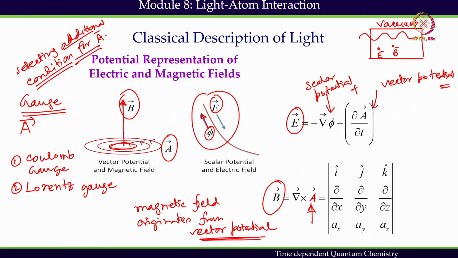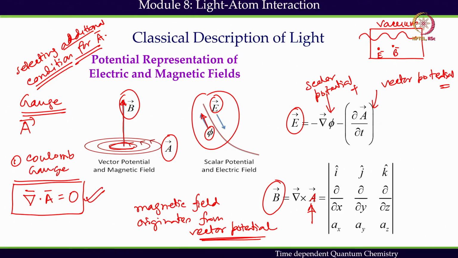In our discussion, we will use the Coulomb gauge because that is easy to perceive, and when I say Coulomb gauge, it means that I will assume that this unknown function is divergenceless. It is purely rotating in nature. This is the additional condition we are imposing, and then we have to find out what kind of A it is going to be if I have this condition.